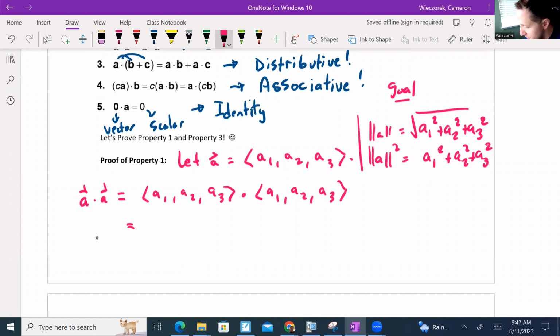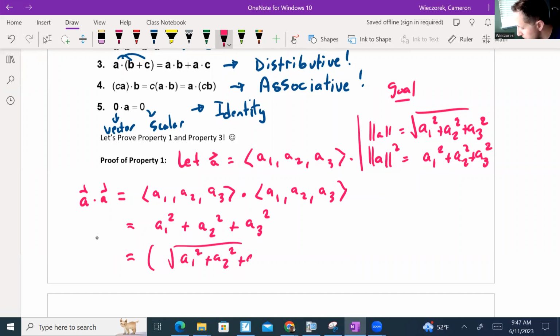And using our dot product formula, I'm going to get A1 times A1 would be A1 squared, plus A2 times A2 would be A2 squared, plus A3 times A3 would be A3 squared. But that's exactly the square root of A1 squared plus A2 squared plus A3 squared, all squared. But that's the magnitude of A squared, and that's the right-hand side that we wanted. So that completes our proof.